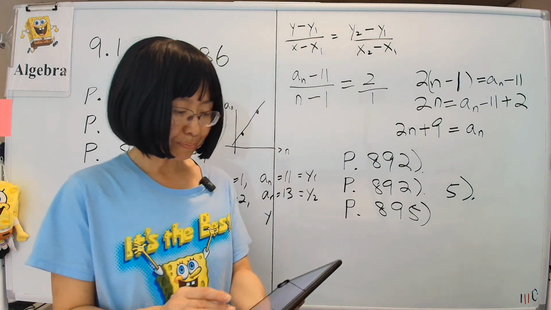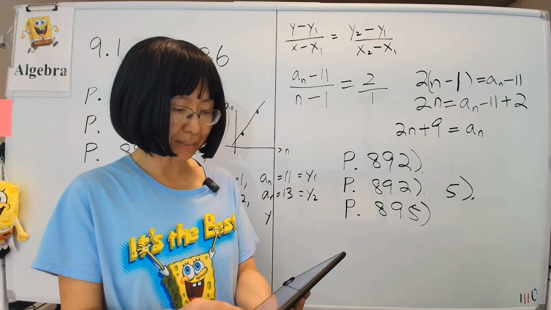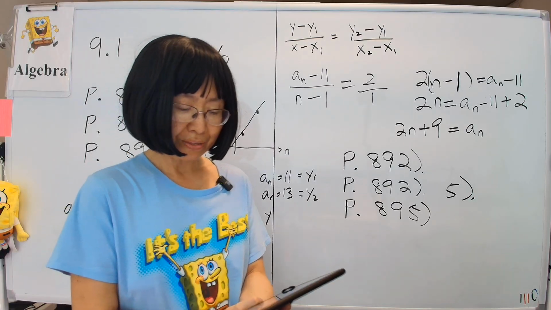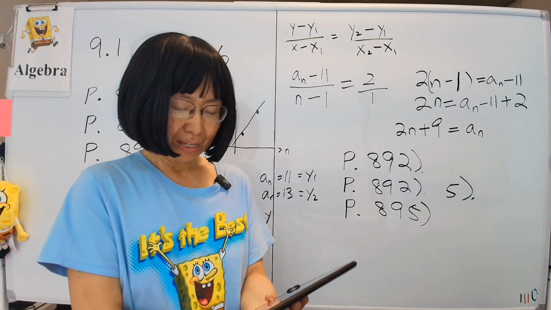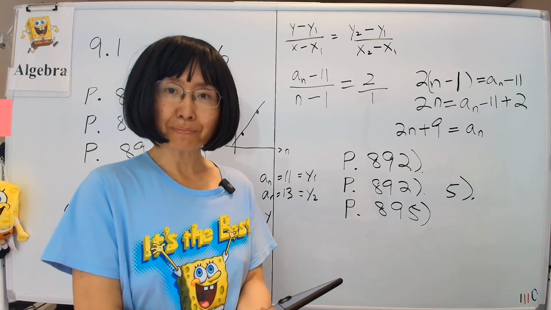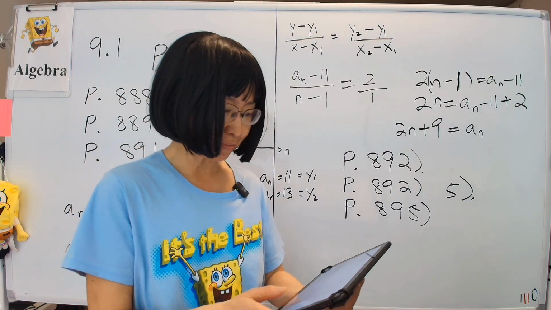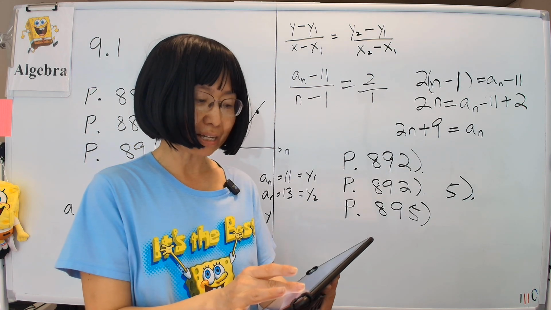On page 895, we learn something that is probably new to you. It's called the factorial. The factorial is written as an exclamation mark, such as 5 exclamation mark. That means 5 factorial, and 4 factorial, and so on.